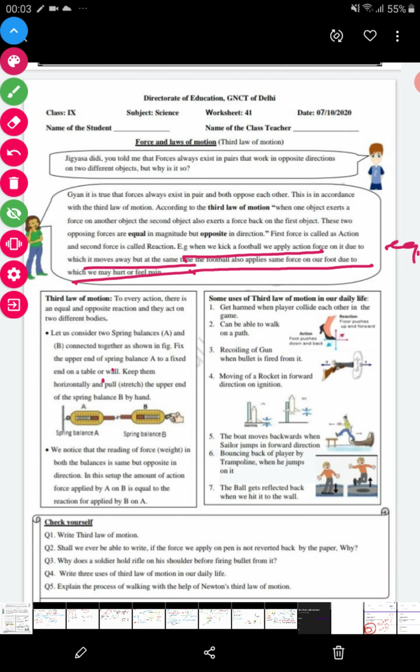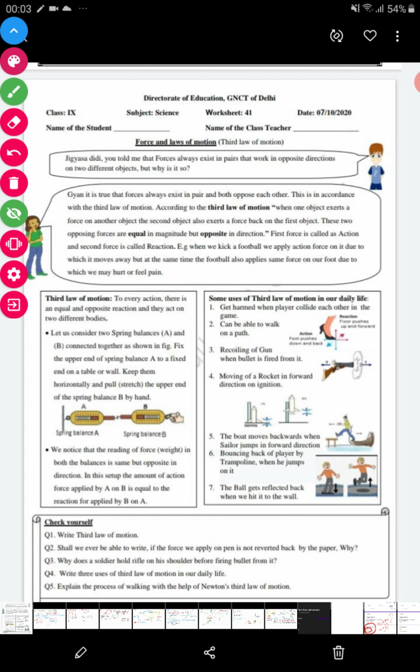When we hit the football, it moves forward, but sometimes the football also applies a force which hits the foot and causes pain. So, according to the third law of motion, every action has an equal and opposite reaction.